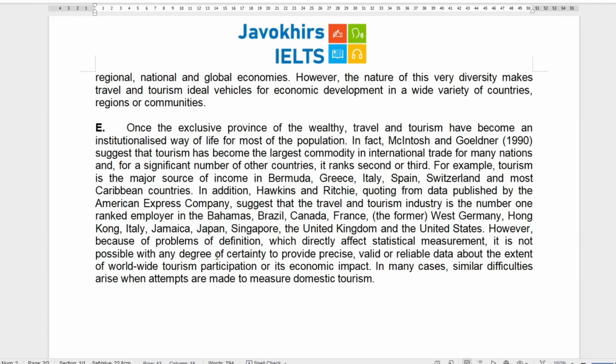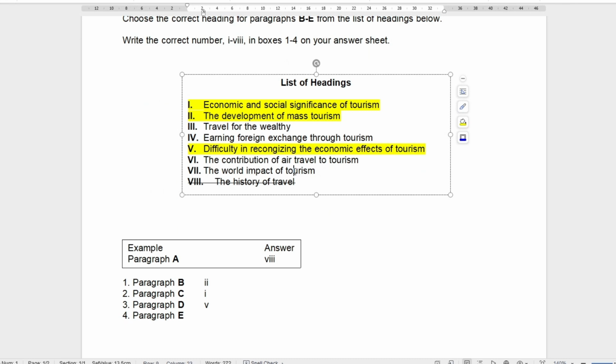However, because of the problems of definition, which directly affects statistical measurement, it is not possible with any degree of certainty to provide precise, valid, or reliable data about the extent of worldwide tourism participation or its economic impact. In many cases, similar difficulties arise when attempts are made to measure domestic tourism. All right, travel of the wealthy, earning foreign exchange and tourism, the contribution, the world impact of tourism.